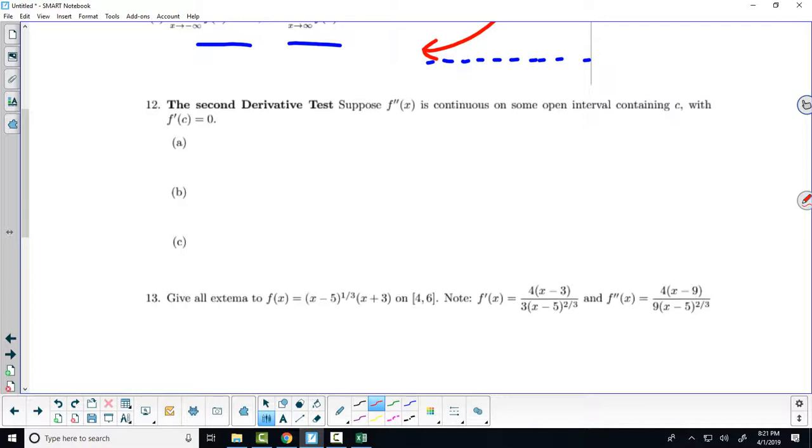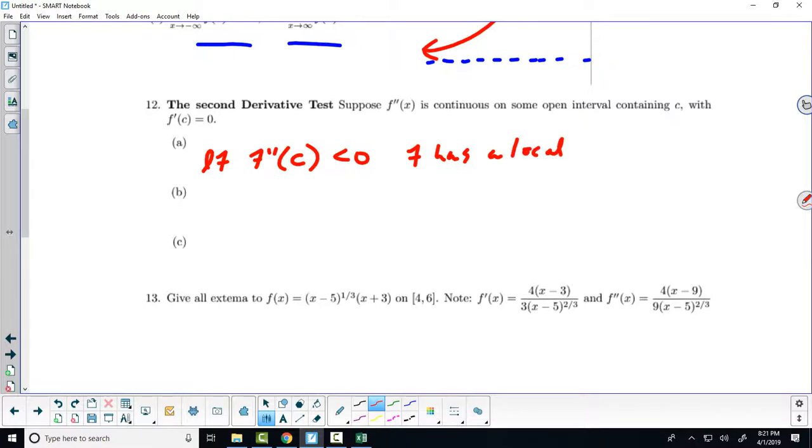So our second derivative test says this: suppose f double prime is continuous on some open interval containing c, with f prime of c equal to 0. Then if f double prime of c is less than 0, f has a local what?